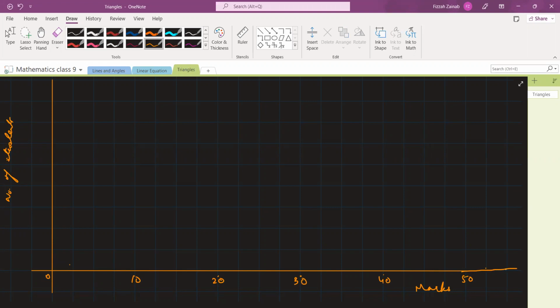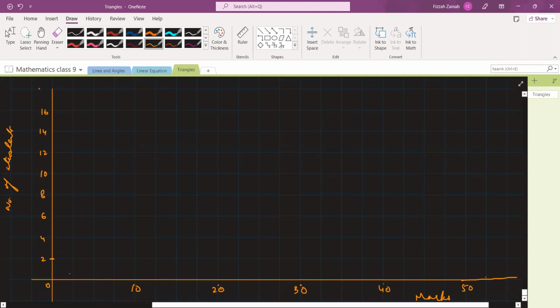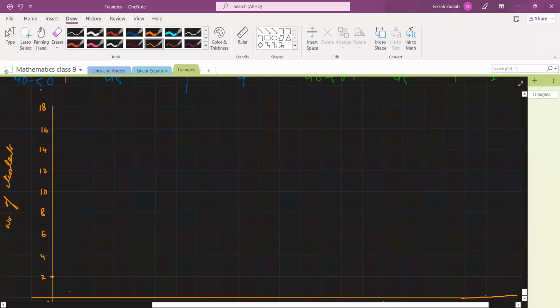Okay. Now number of students, my data has to go up to 20 at least because one value is 19. So how will I plot it? I think if I take 2, 4, 6, 8, 10, then 12, 14, 16, and 18, and then next 20, I think this much you can show on your graph, right?